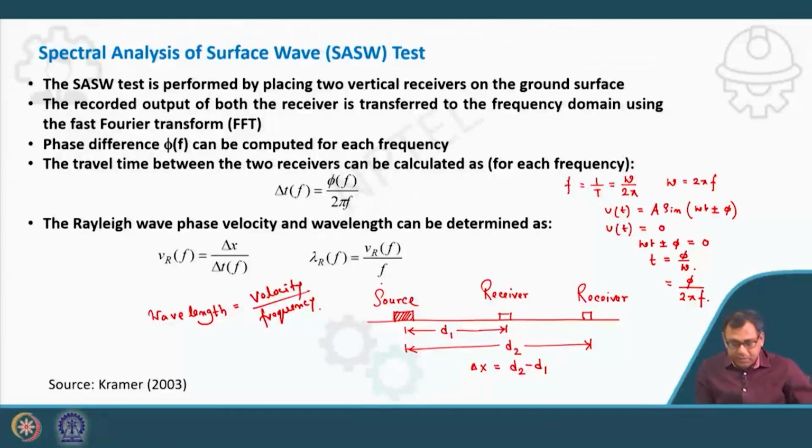Clear? So first I convert the recorded output to the frequency domain using the fast Fourier transform. Then I calculate the phase difference for each frequency. Then I calculate the travel time between two receivers for each frequency. Then I calculate the Rayleigh wave phase velocity and the wavelength.